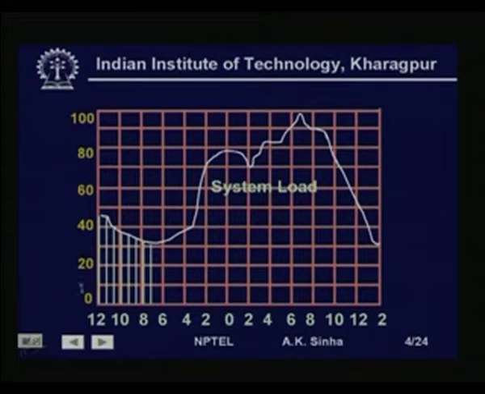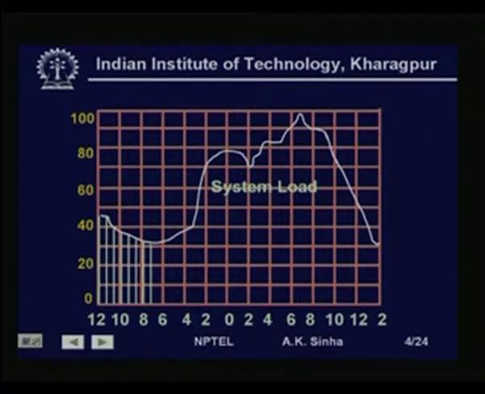As we see from this diagram, the load keeps on changing, and this load is an aggregation of loads at various substations or bus bars. Therefore, we also know that the load at different bus bars is also changing.